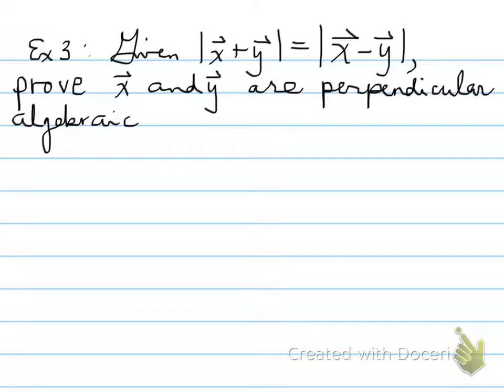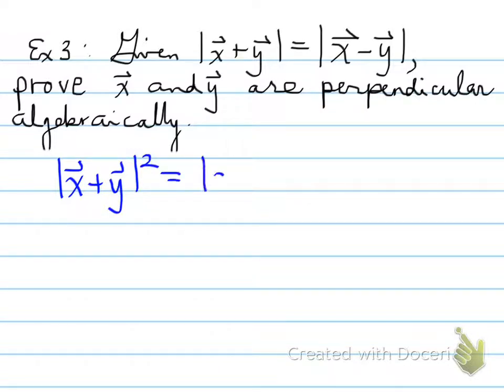So, what we're going to do is actually take x plus y, magnitude of that, and square it, and make that equal to the other side, squared. What that means is that the angle between x plus y and x plus y is 0, and the angle between x minus y and x minus y is 0.